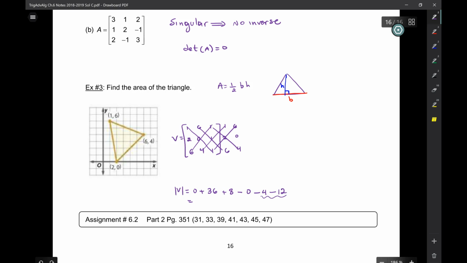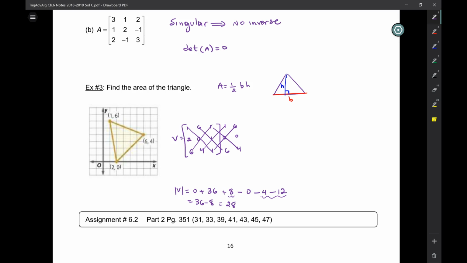So negative 16, positive 8 is how much? Negative 8 plus 36 is 28. Sure, we'll go with 28. Okay, so the determinant is 28.